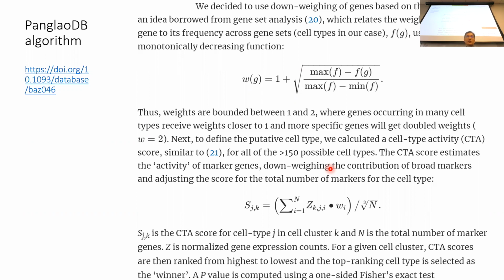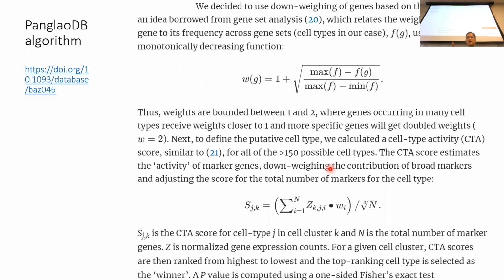Another idea I want you to think about: can you do this algorithm for every single cell instead of a cluster of cells? Because when you do the cluster of cells, you take the average of all the genes in those 500 cells, whatever. Can you do this for every individual cell?